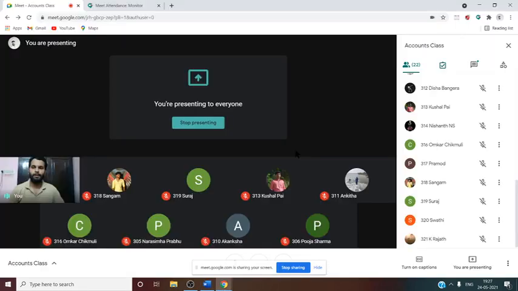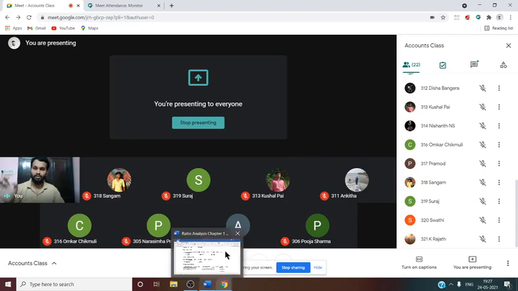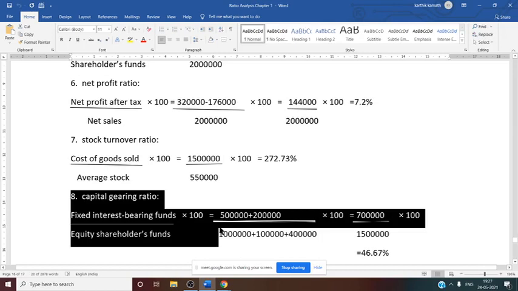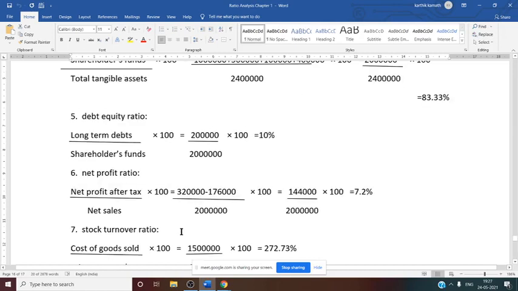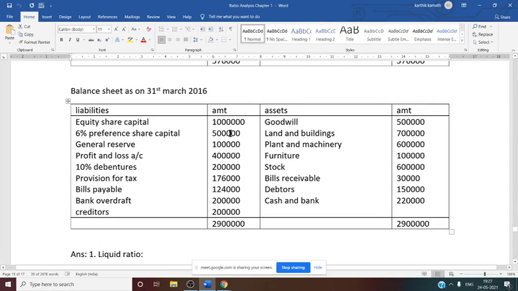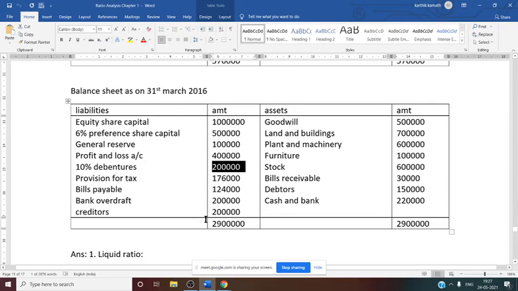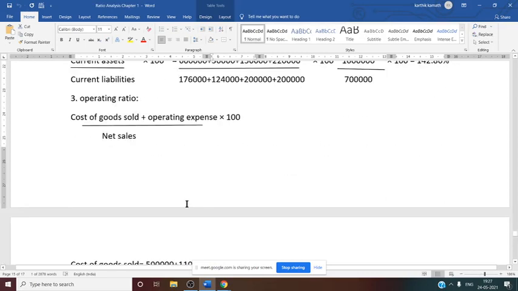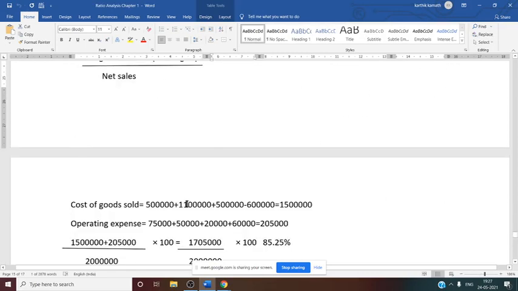One more is the debenture holder. The debenture holder will get fixed interest, that is why you need to consider debenture also. So fixed interest bearing fund has only two items, preference share capital plus debenture. So if you see here, preference share capital is 5 lakh, debenture is 2 lakh. 5 lakh plus 2 lakh, you can easily calculate that is 7 lakh, you can write in the numerator.